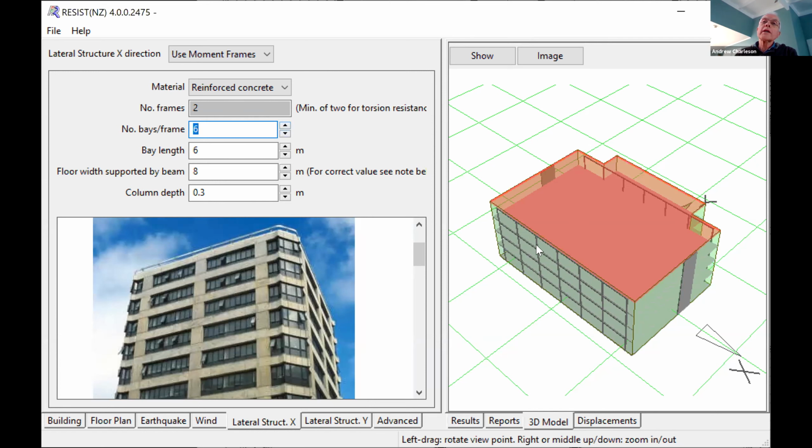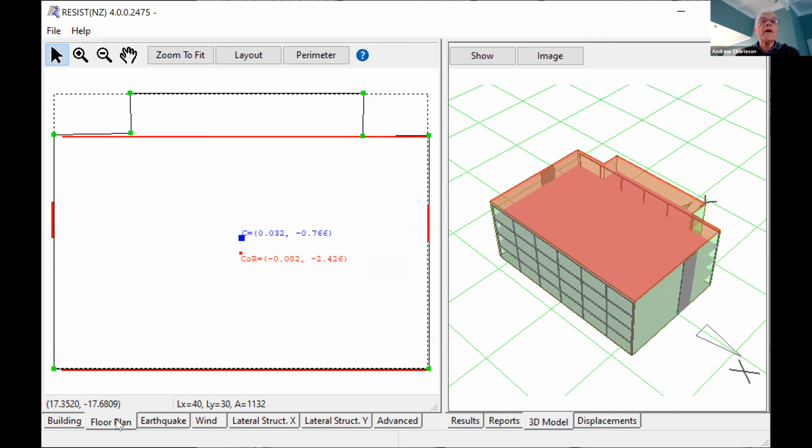So now I've got a 6-bay frame here. And the bay length is 6 meters. I'm going to make it, say, 6.5. There. So it fits the building dimensions. So going back to our floor plan, that's one frame, that's the other moment frame.